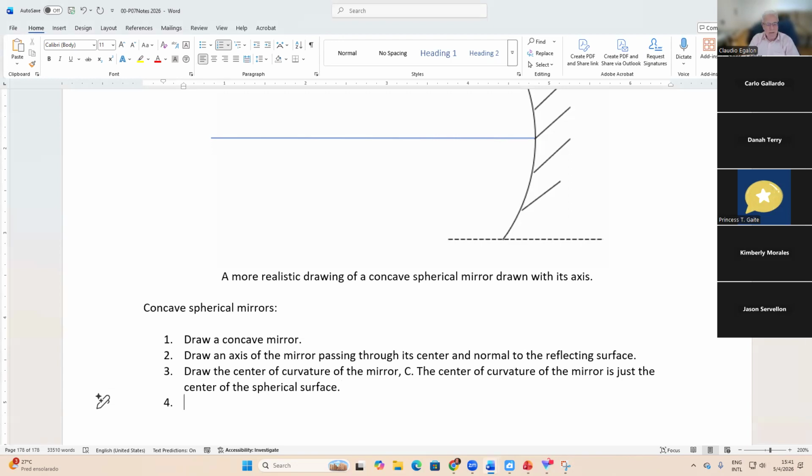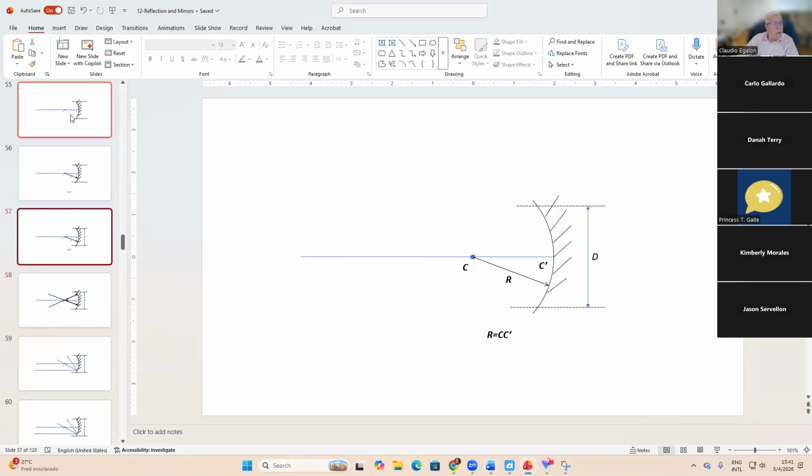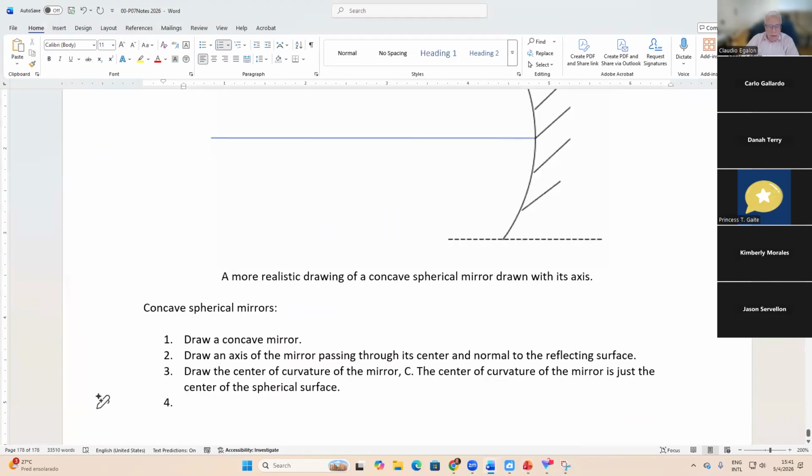So here you go. Draw the center of curvature of the mirror. Here's the center of curvature, right? It's not the axis of the mirror, it's actually the principal axis of the mirror, right? The point where the principal axis of the mirror intersects the mirror surface is point C prime.